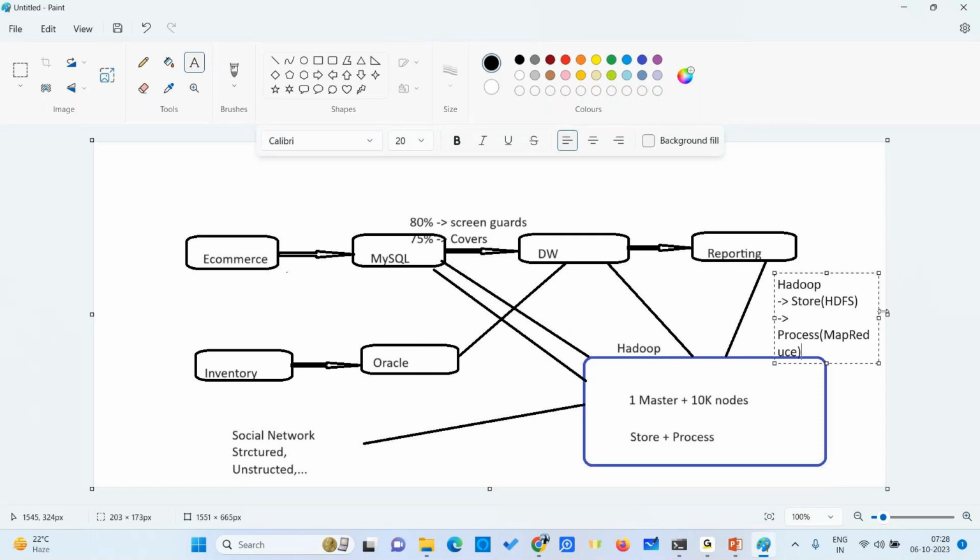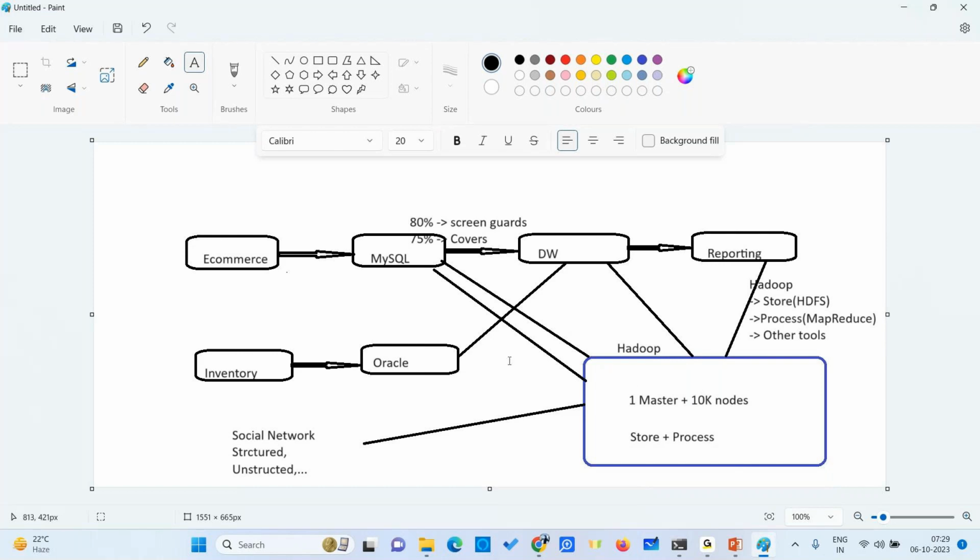Okay, and some other tools to manage this entire system. So this is how the architecture is.